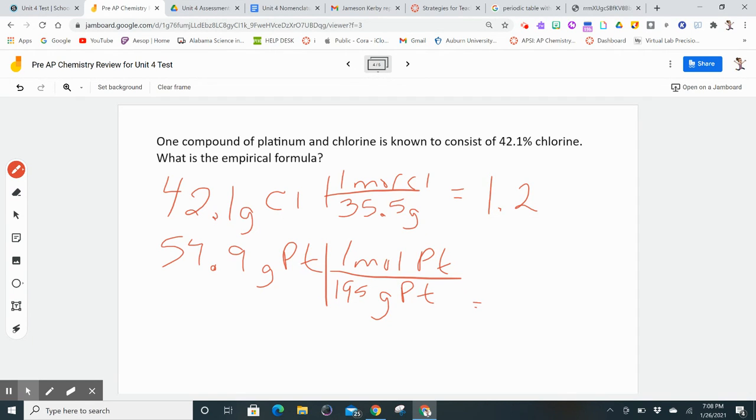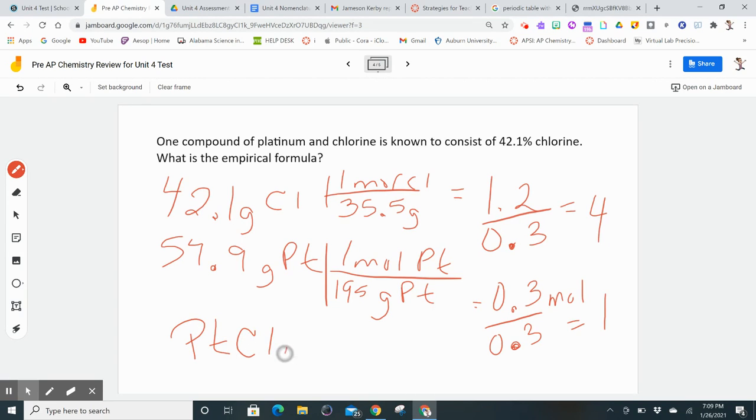And then 57.9 divided by 195 is 0.3. So I'm going to divide by the smallest number. Remember, we're talking about moles here. So that means I have 1 platinum, and 1.2 divided by 0.3 is 4 chlorines. So my empirical formula is PtCl4.